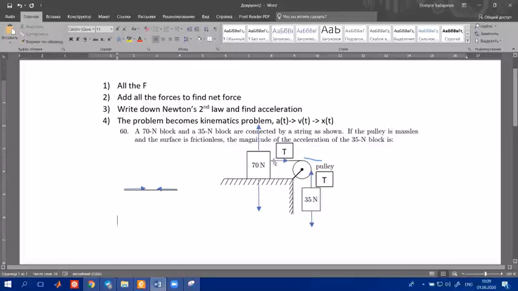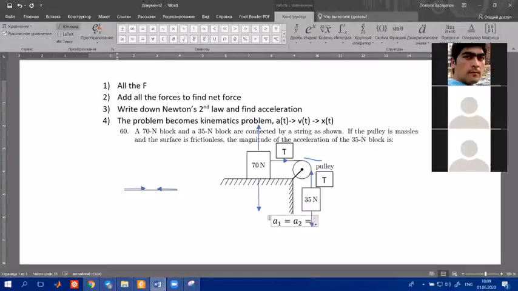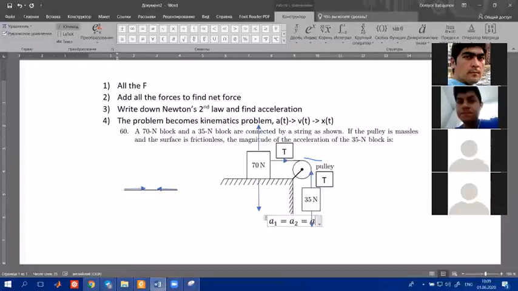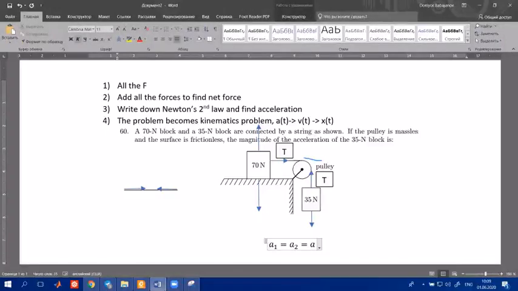And because these two bodies are connected by the rope, they will have the same acceleration. Acceleration of the first body will be equal to acceleration of the second body. That's why let's note it with the letter A, because all of them are equal to each other.